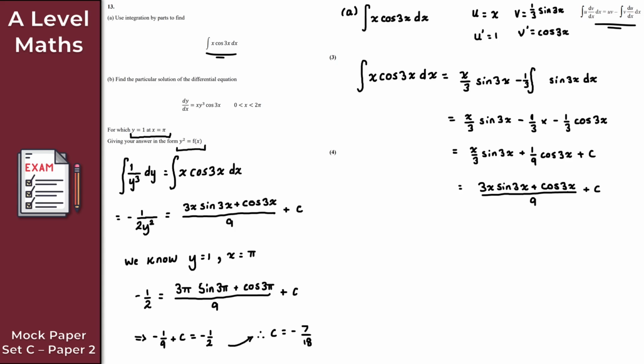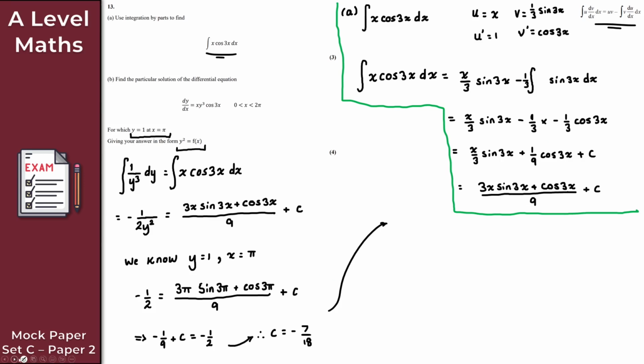So where do we go from here? Well, let's just go back to this line here and replace c with minus 7 over 18. So what we get here then is, and let me just box this off here just so it doesn't cause confusion, because I appreciate we're going to start going into our solution from part A. So just box off part A there. So, like I said, let's go back to this line here.